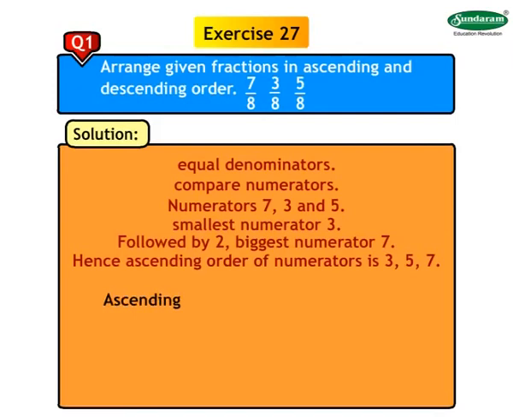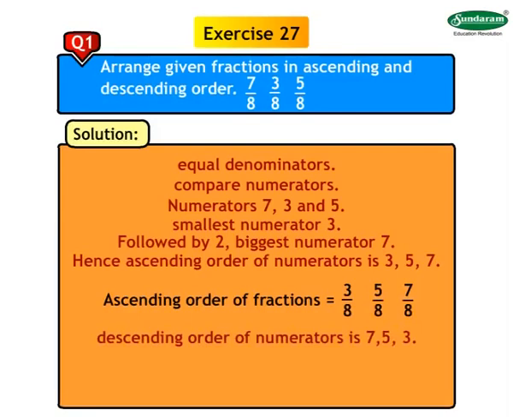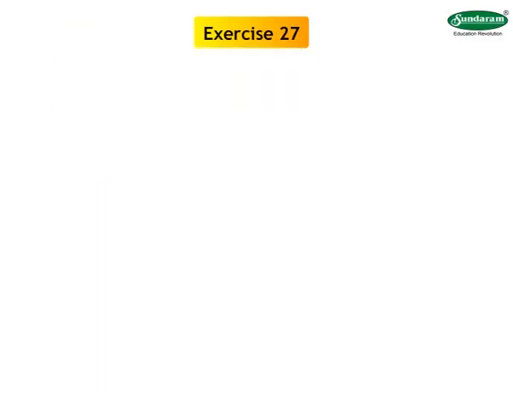Thus, ascending order of fractions is 3 upon 8, 5 upon 8, 7 upon 8. Now, descending order of numerators is 7, 5, 3. Thus, descending order of fractions is 7 upon 8, 5 upon 8, 3 upon 8.